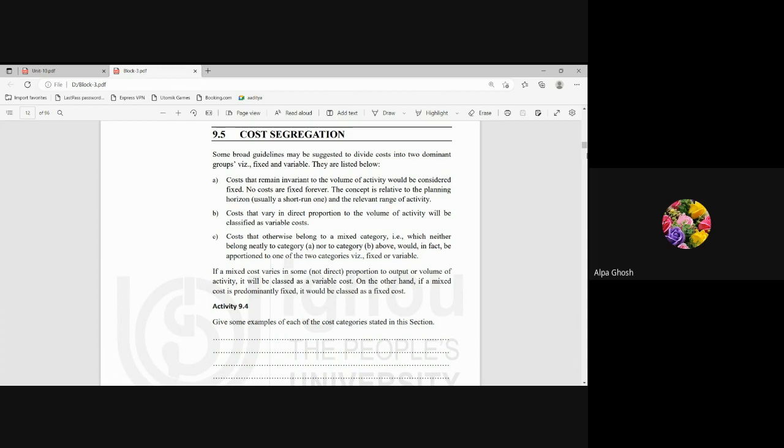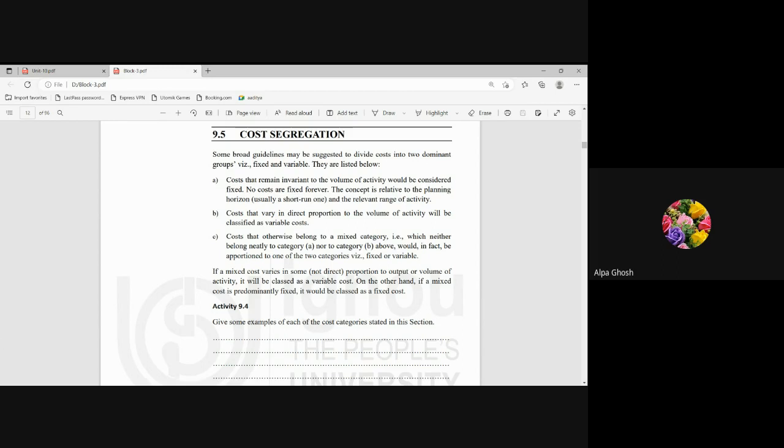Mixed costs, which belong neatly to neither category, must be assigned to one of the two, fixed or variable. A cost may initially be in fixed cost, and later when it changes and varies, it will be put into variable cost.